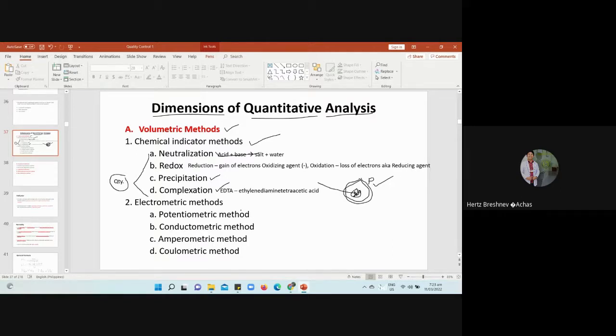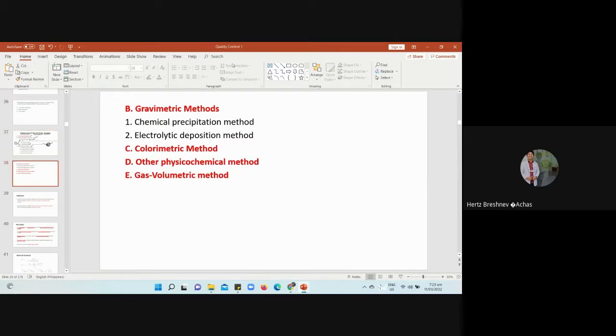Now, we will discuss these electrometric methods if we have time. But the main focus is the chemical indicator methods. And then, next is the gravimetric method.